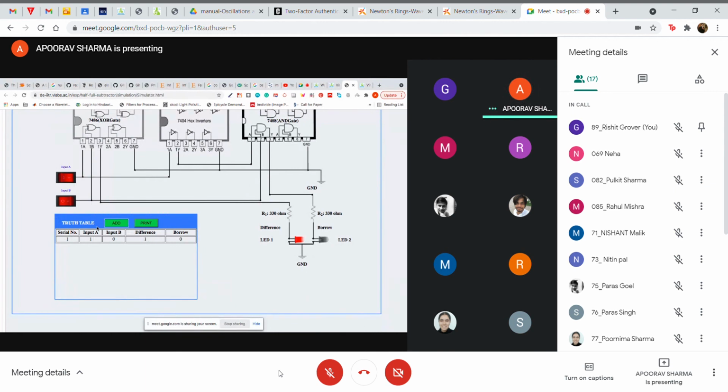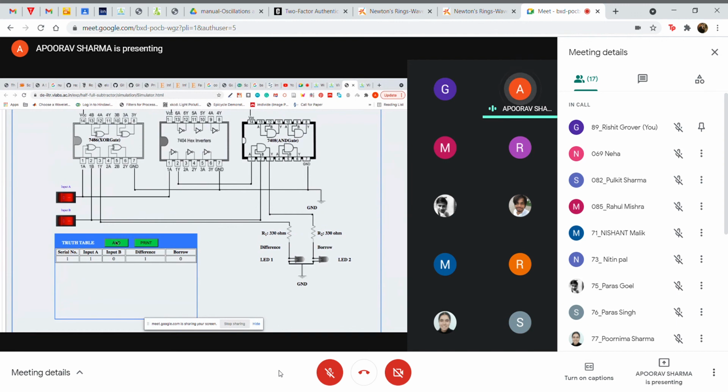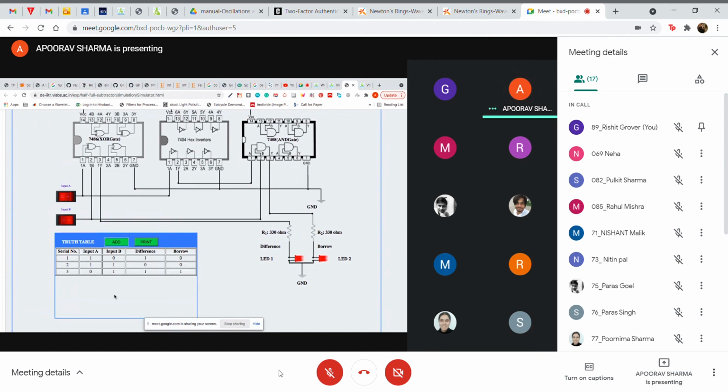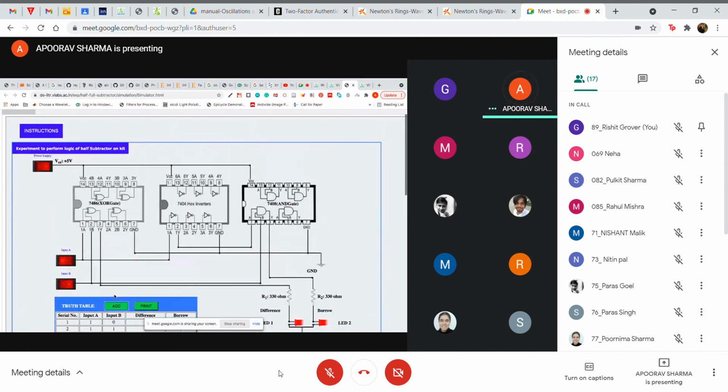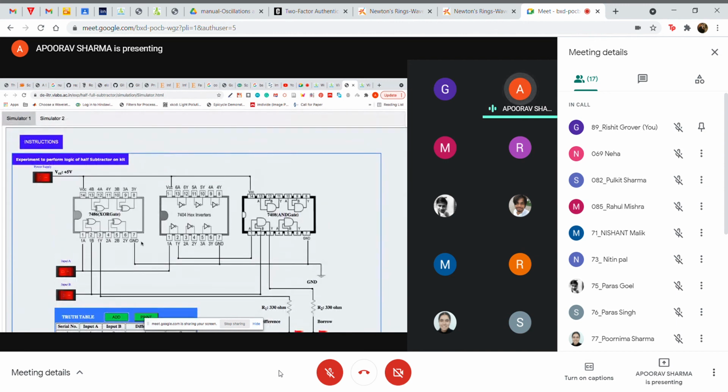If both inputs are high, input A is high, input B is high, difference is 0 and borrow is 0. If input B is high, your output is 1, difference is 1 and borrow is also 1, and we add it like this. Okay, so any doubt in this circuit?